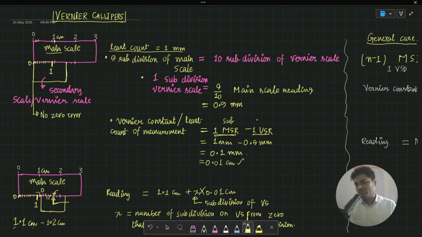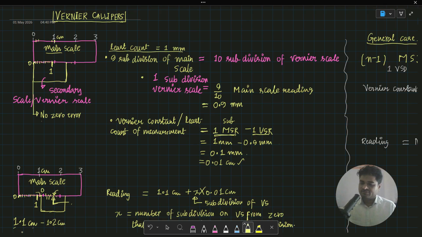What we do is put the object, and because of that our main scale will be like this, and the Vernier scale we slide to measure the distance. So let's say we have now got a situation like this, where the reading should be between 1.1 centimeter and 1.2 centimeter.